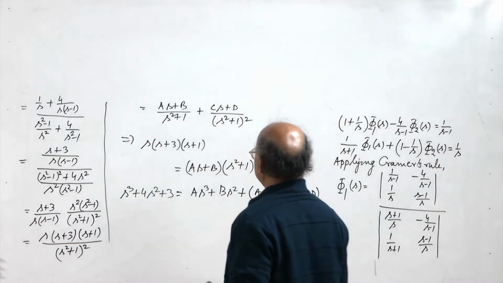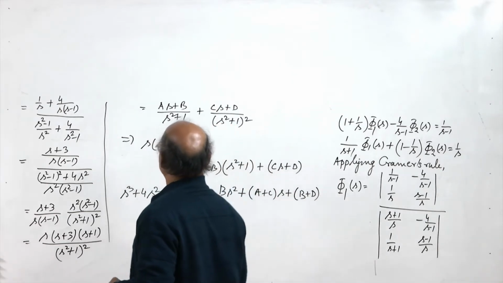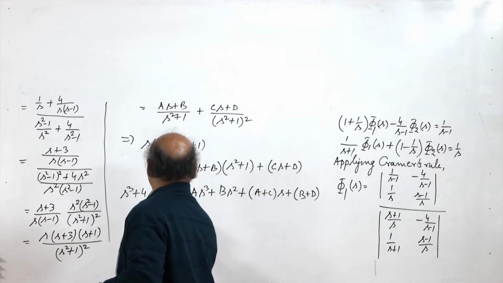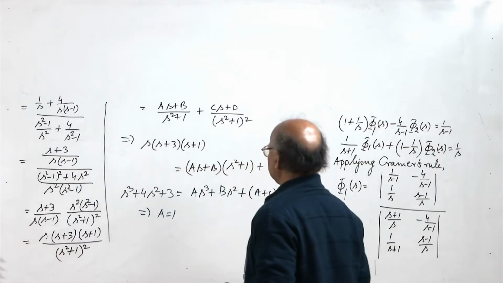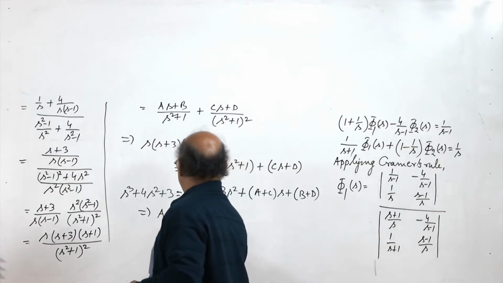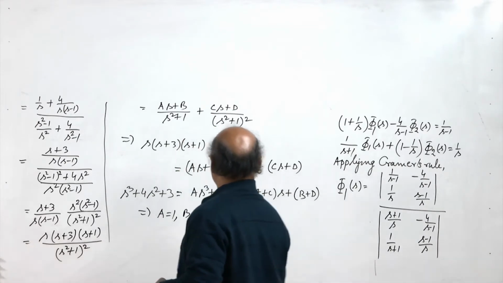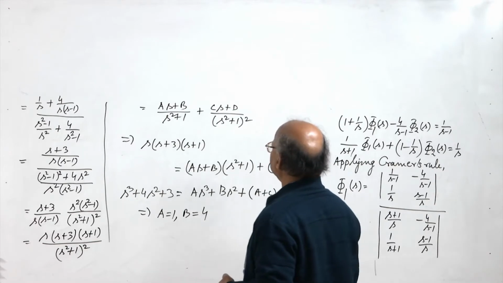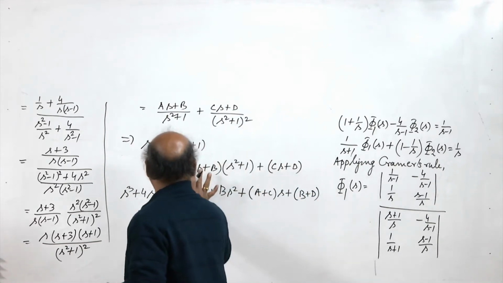Now this is an identity. So let us equate the coefficients of like powers of s. So this gives you a equal to 1 equating the coefficient of s cube, b equal to 4 equating the coefficient of s square.